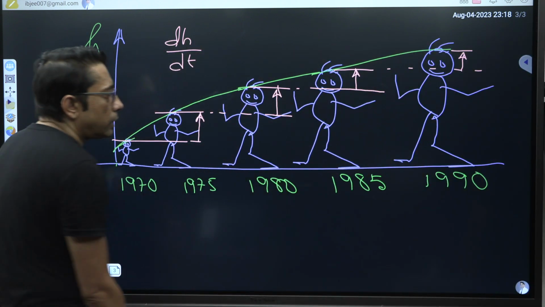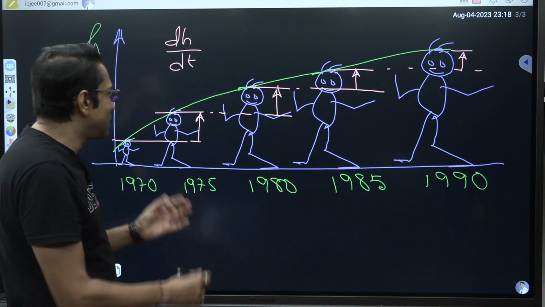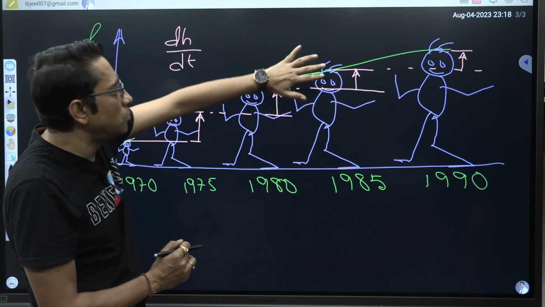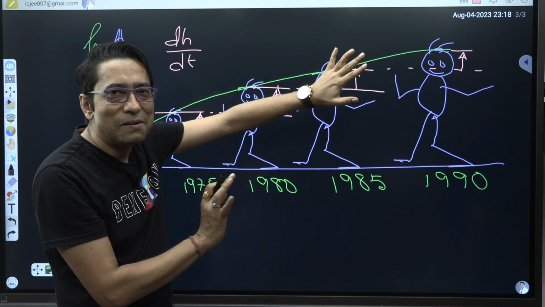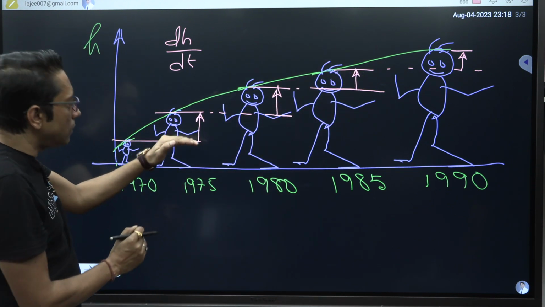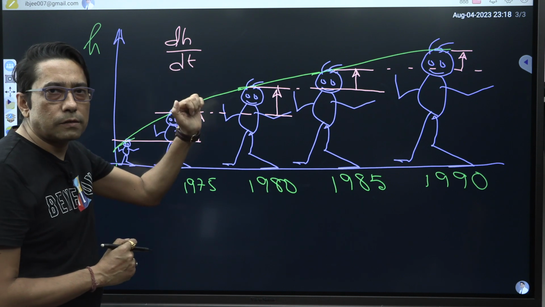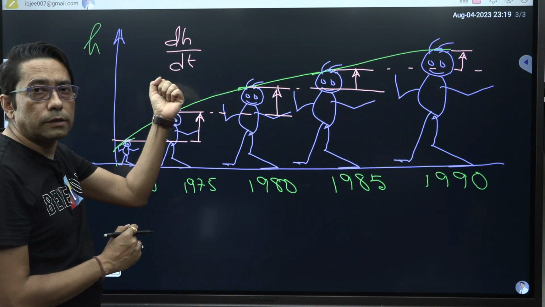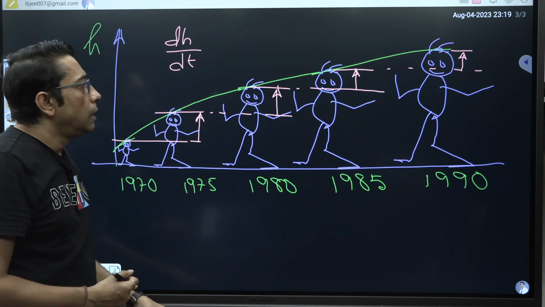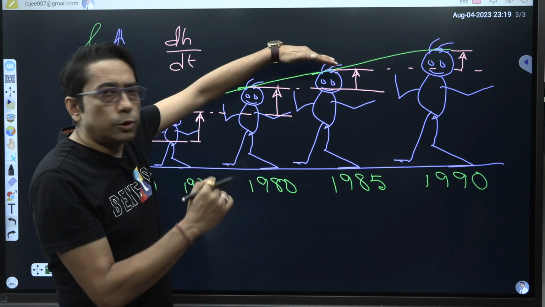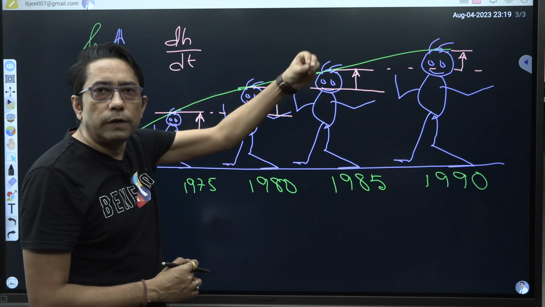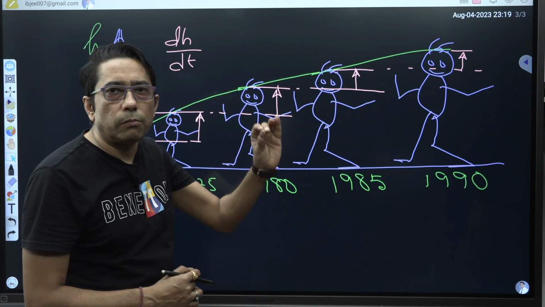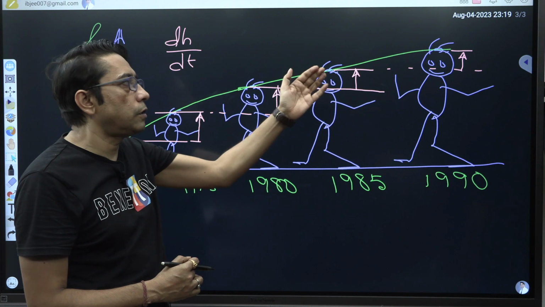Look, practically, when from a child we grow up to suppose 18 or something, I don't have that much idea of biology, but practically initially the rate of change of height increases for every one of us. But when we age to a certain limit, then after that maybe your height will increase, but by a very small amount. So then the rate of change of height decreases.